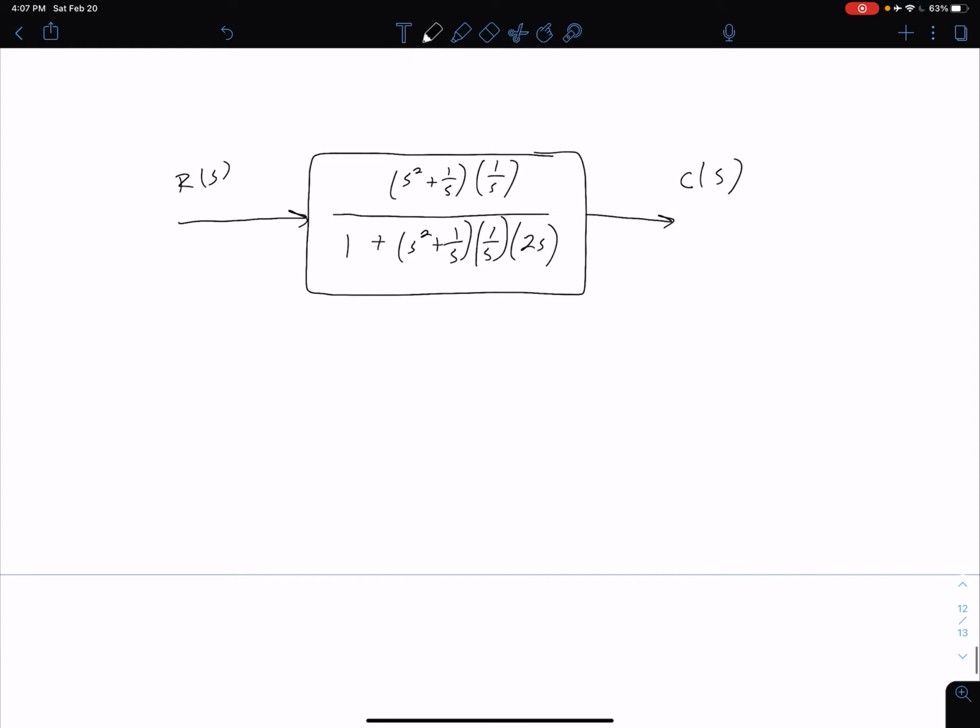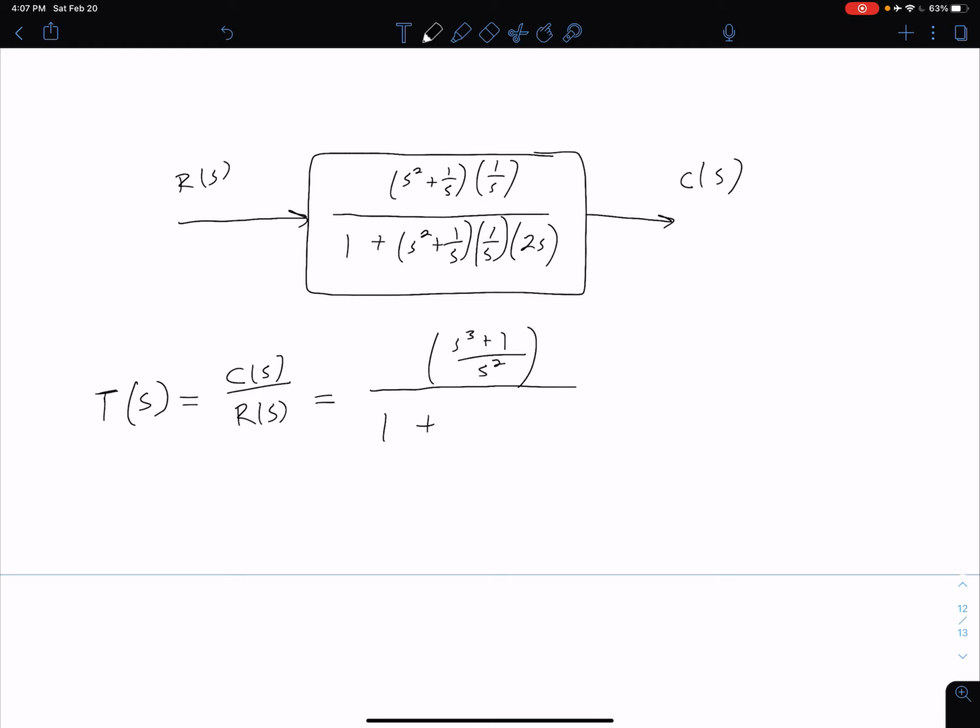So now all that's left to do is just simplify that with a little bit of algebra. So we can say our T of S, our overall transfer function that we were looking for, is C of S divided by R of S, which is equal to, and now just to show a couple steps, we can simplify the numerator to S cubed plus 1 over S squared, just finding a common denominator after multiplying through.